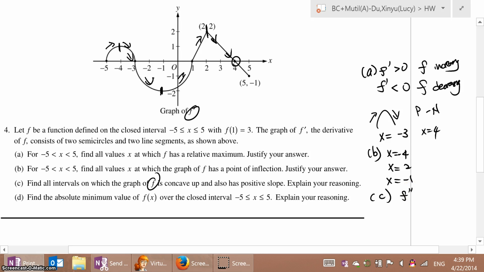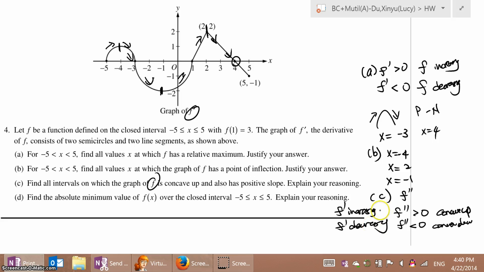And since we know the graph of the first derivative, we know that when f double prime is greater than 0, it's concave up, and when f double prime is smaller than 0, it's concave down. And also the graph of f prime is increasing, and when f double prime is smaller than 0, it's decreasing.